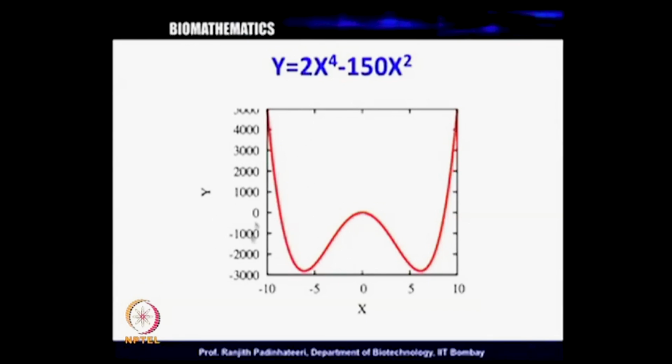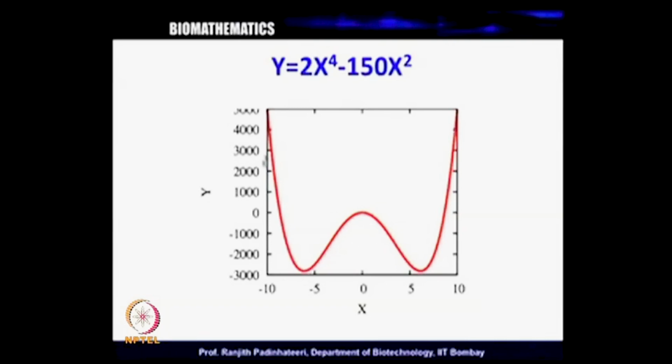According to the things we learned, if we have such an energy landscape, the derivatives of this function will tell me where the energy is minimum and where the energy is maximum.